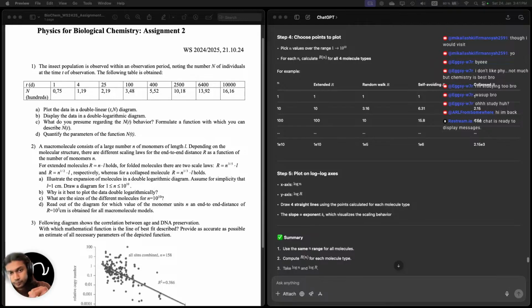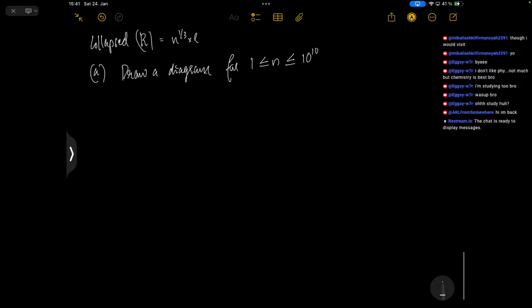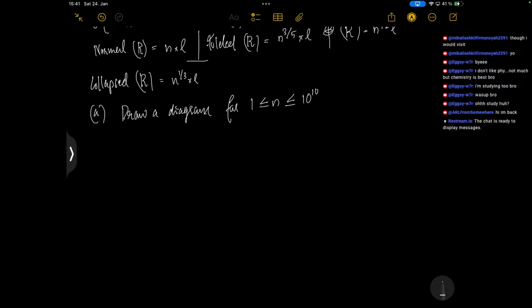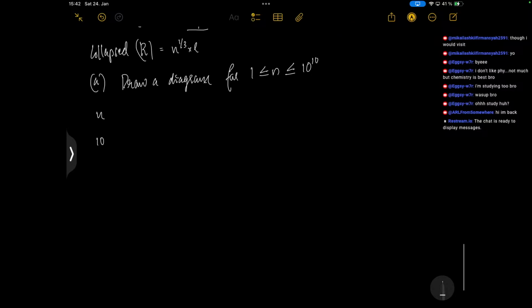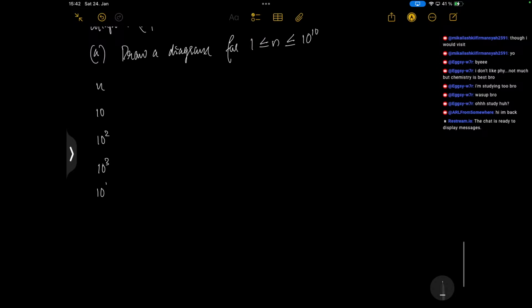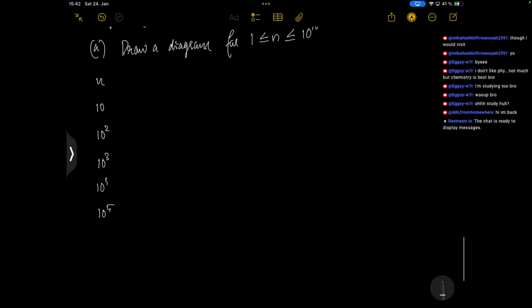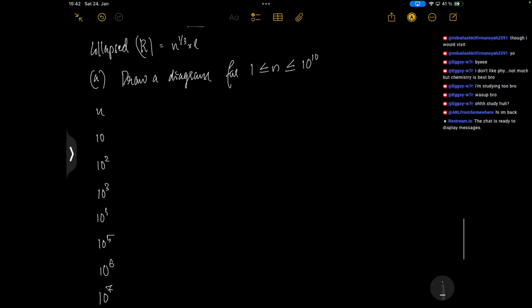So, we got n: 10, 10 squared, 10 raised to 3, 10 raised to 4, 10 raised to 5, 10 raised to 6, 10 raised to 7, 10 raised to 8, 10 raised to 9, 10 raised to 10.